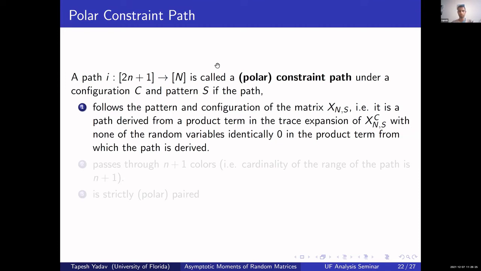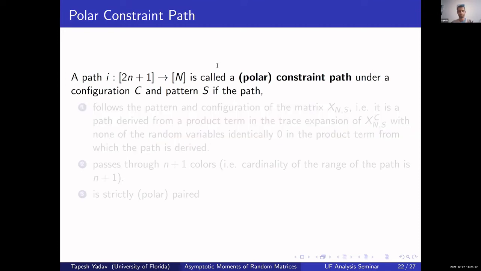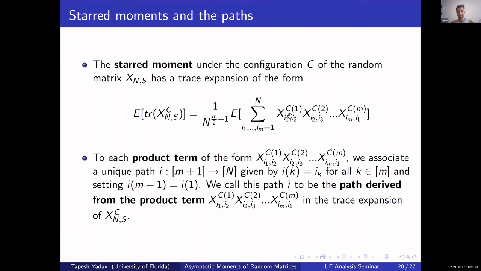So what does the first point say? It says that the path that we get from the subscripts should be such that the product term is not identically 0, which means none of the random variables here is identically 0. So we are looking at only the paths which give a product term where none of the entries is identically 0.